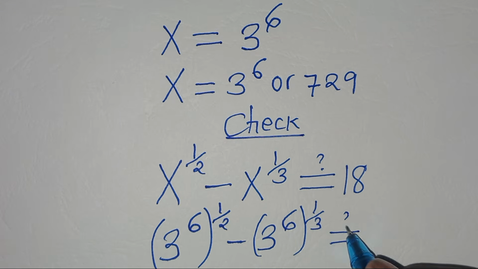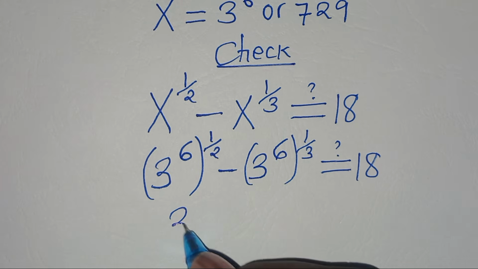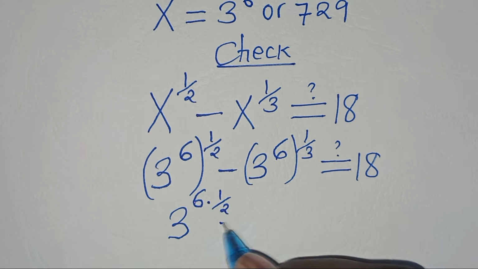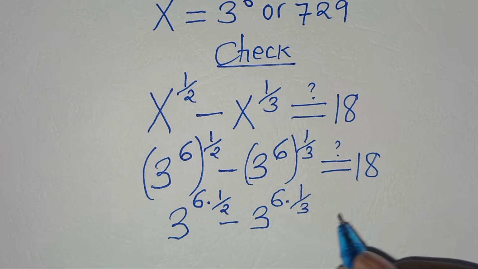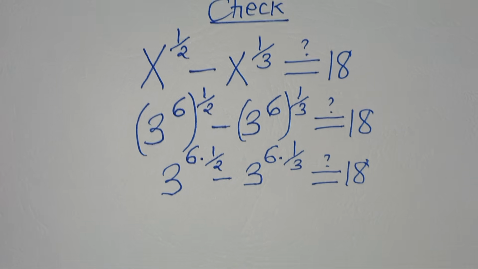This should give us a value of 18. So this is 3 raised to the power of 6 times a half, minus 3 raised to the power of 6 times a third.